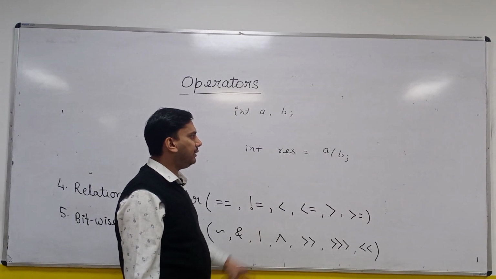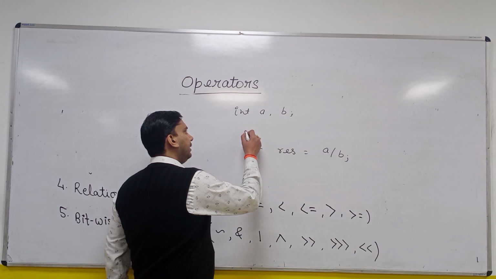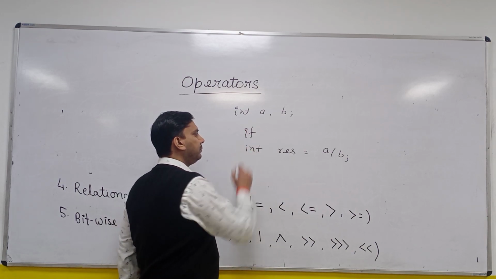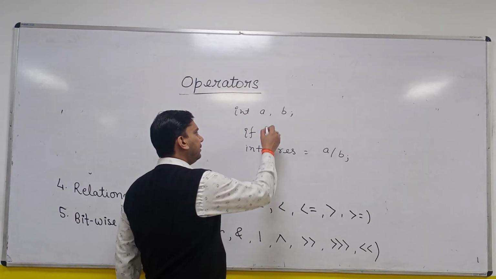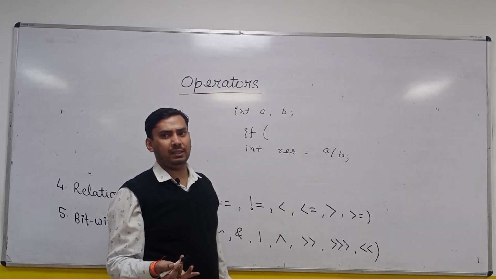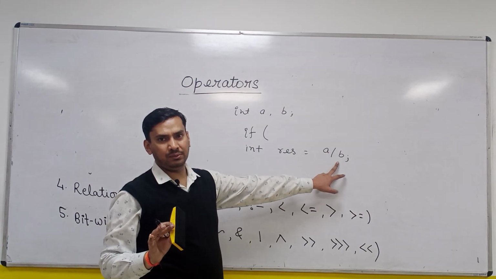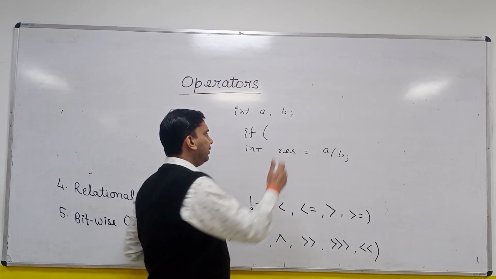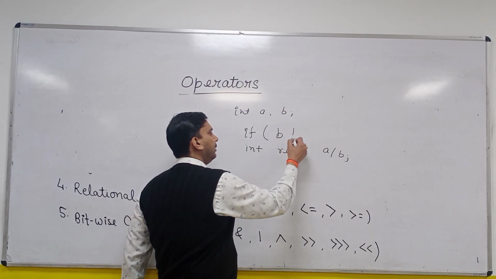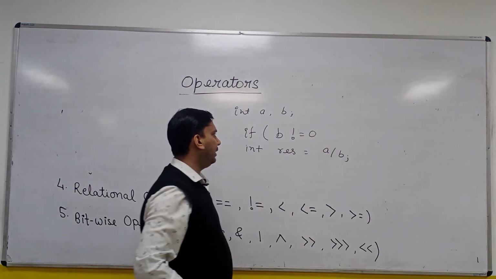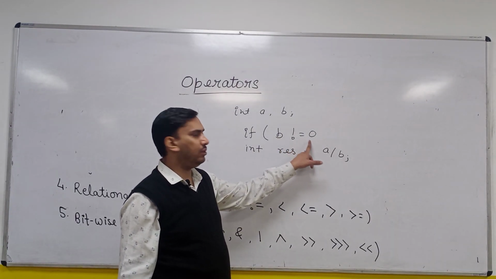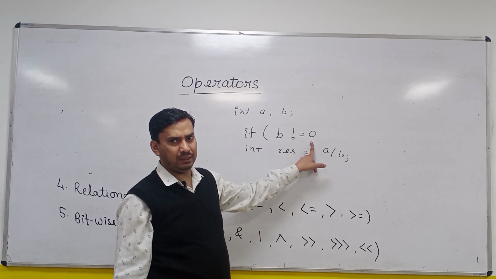So in this case, what we have to check is, I will write an if, and first the primary condition. My primary condition is that b should not be 0. If b is 0, then we should not go to the second half. So I write if b is not equal to 0. This is my primary condition.